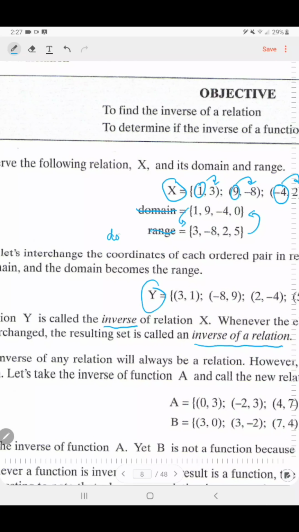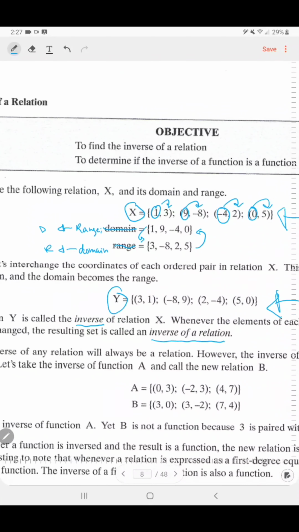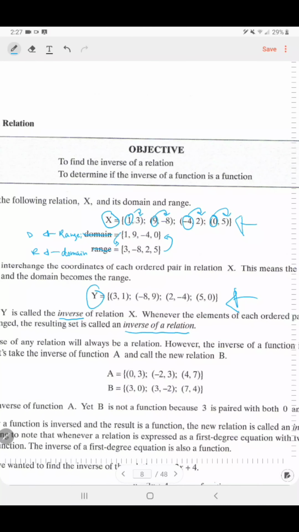So this is now domain and range, but obviously now this is called domain and this is called range. So you're just flipping each coordinate X and Y. So 1 is changing places with the 3.